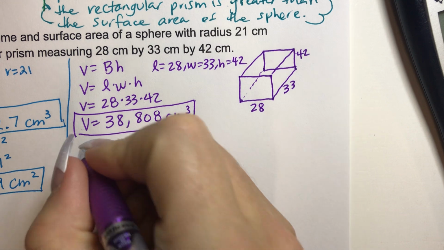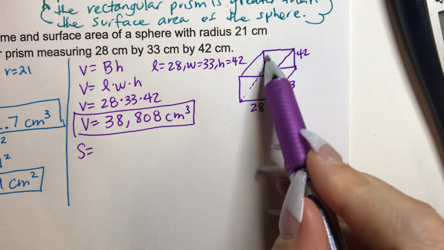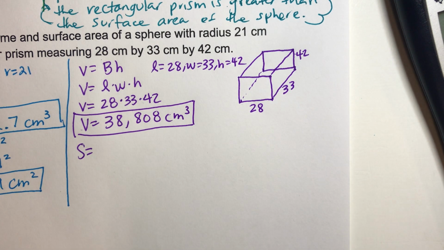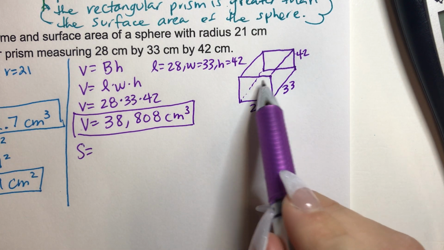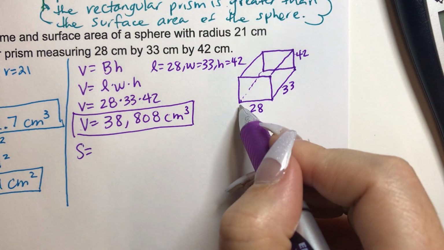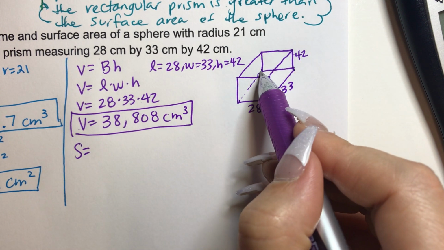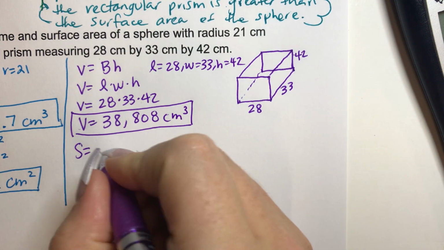Okay, so the surface area is going to be, so let's look at the front and the back here, okay? So the front and the back, the area of the front is length times width, and there's two of them, right? So the length is 28, the width is 42, and the same is true here. This is 28 by 42, so there's two of them.